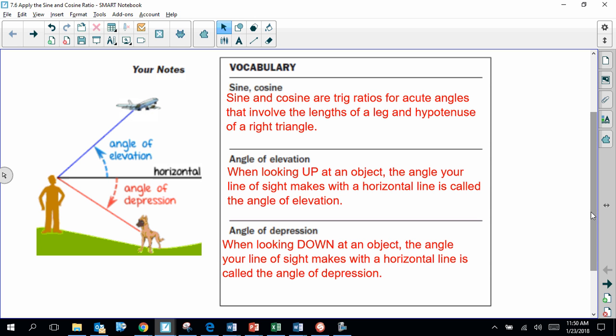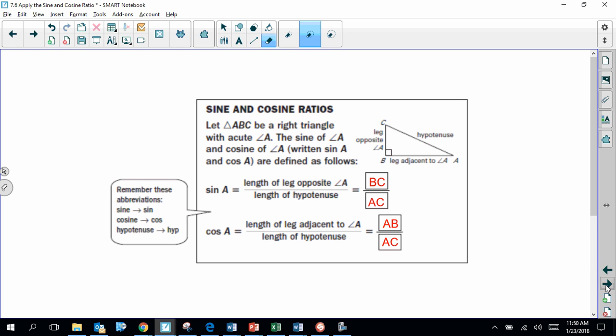They'll look at the angle of depression kind of being out here somewhere when it really should be inside of the angle that you made with a horizontal line. Okay, so make sure you have the vocabulary copied down and get the diagram added to your notes as well. Now let's take a look at sine and cosine.